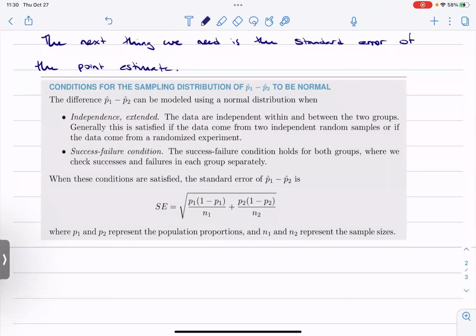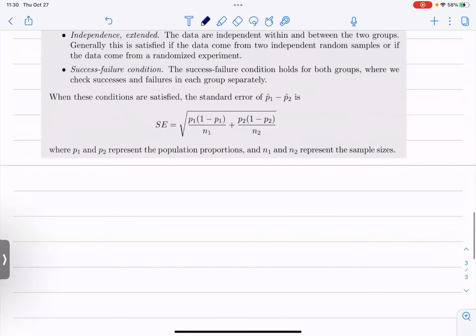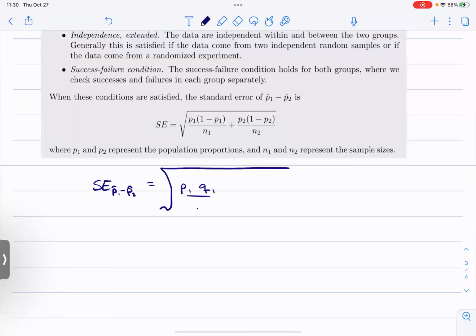And so I'm going to rewrite this as the standard error of P1 hat minus P2 hat is going to be the square root of P1 Q1 over N1 plus P2 Q2 over N2.